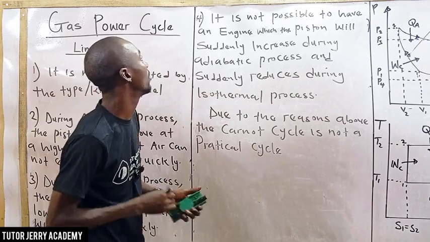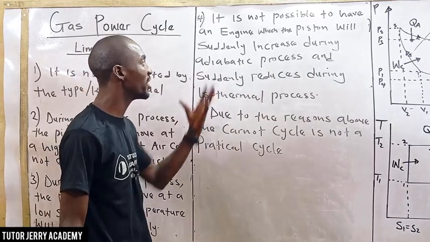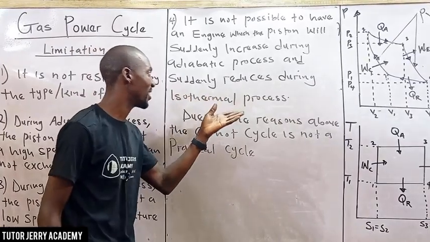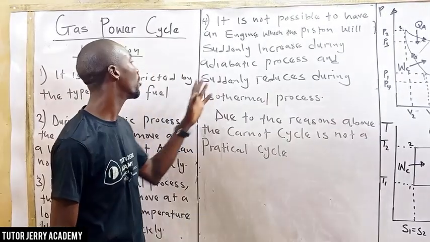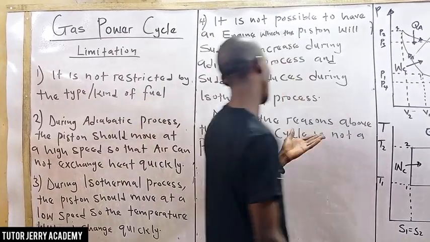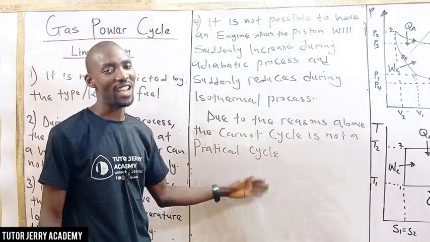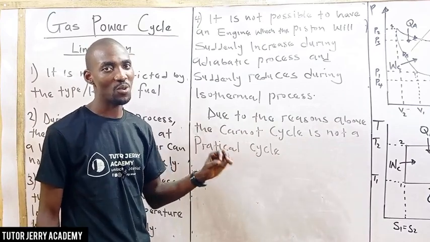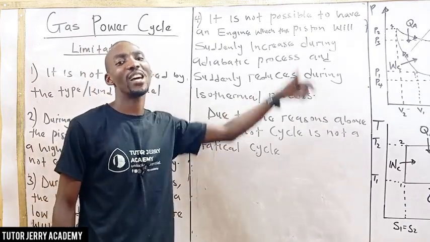So now we are on point 4: it is not possible to have an engine in which the piston will suddenly increase speed during the adiabatic process and suddenly reduce during the isothermal process. So due to the reasons from 1 to 4 above, the Carnot cycle is not a practical cycle. It is just a theoretical cycle that is used to compare the efficiency of other cycles.